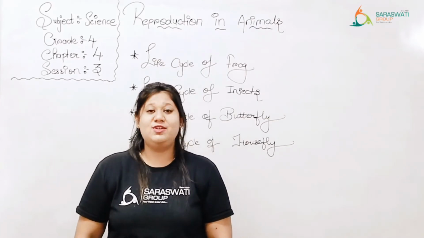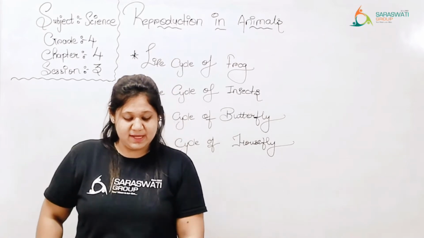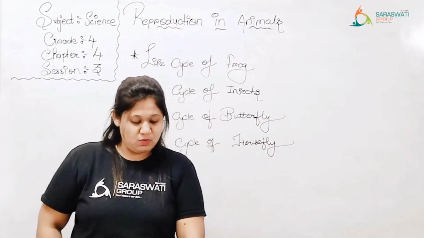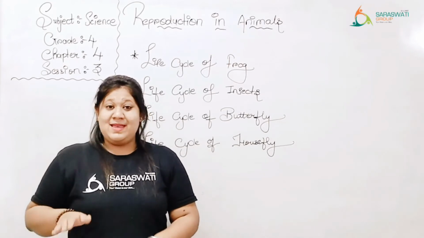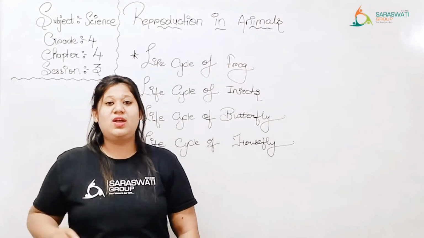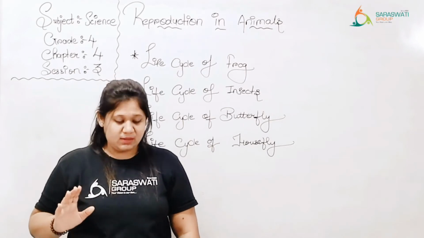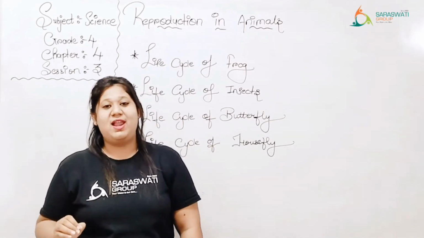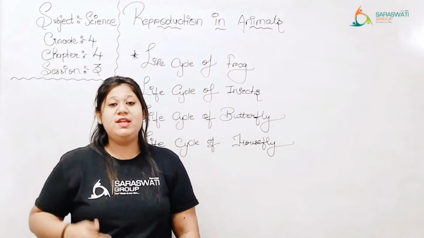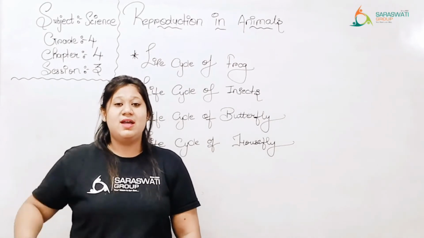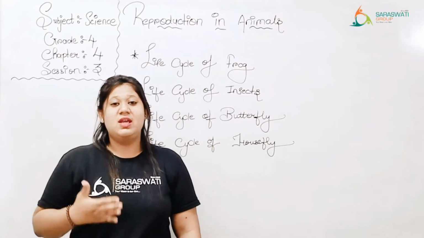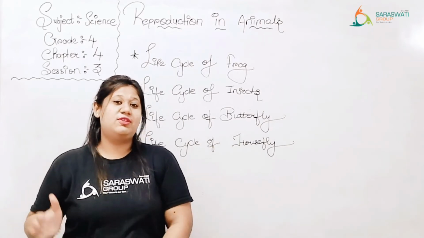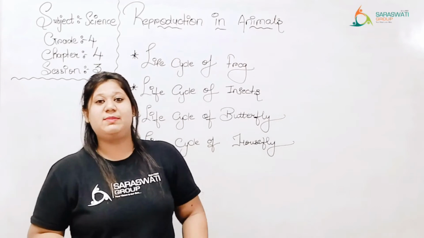To ensure the continuity of life, living beings must produce more of their own kind before they die. As I told you in the last session, for continuity of life in this world, we need to reproduce our own kind, right? Animals need to reproduce.